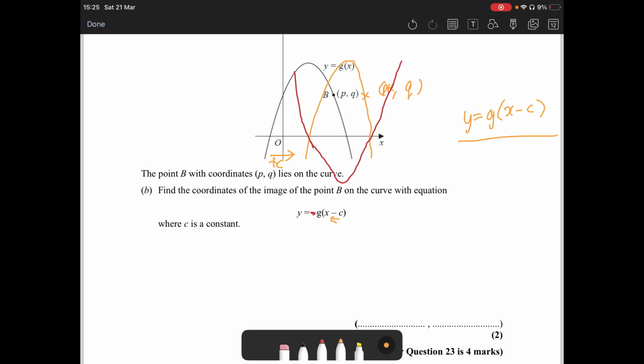So the x coordinate actually is just as far right as it was before it got reflected. So P plus C is still the x coordinate, but obviously all the y coordinates get sort of negated. So it'd be minus Q here.